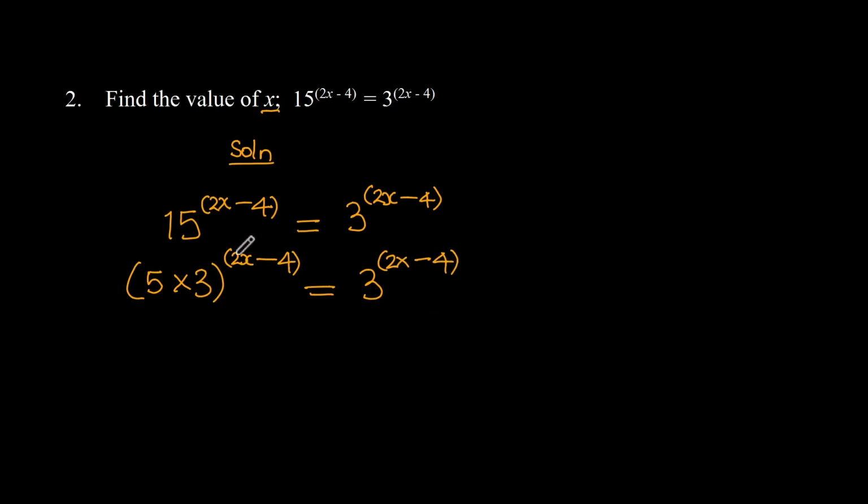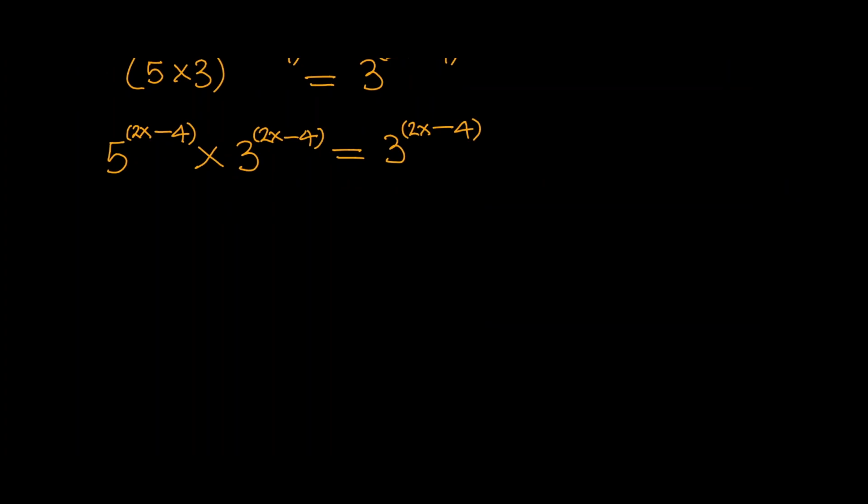Now we need to distribute this exponent to the two numbers here, and we have 5 exponent 2x minus 4 for the first one, and this is multiplied by 3, also exponent 2x minus 4, and this is equivalent to 3 exponent 2x minus 4.